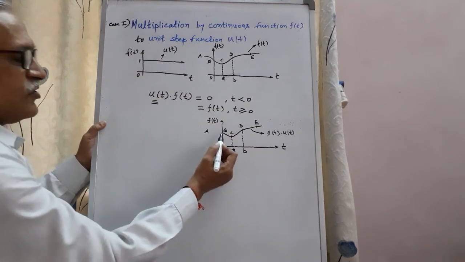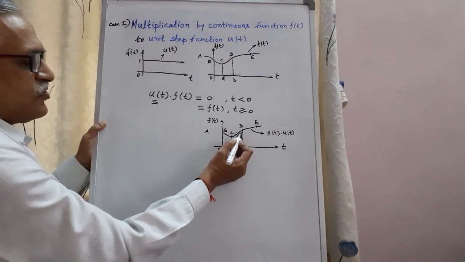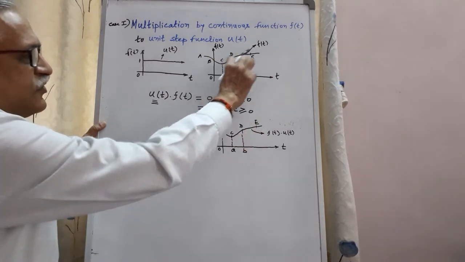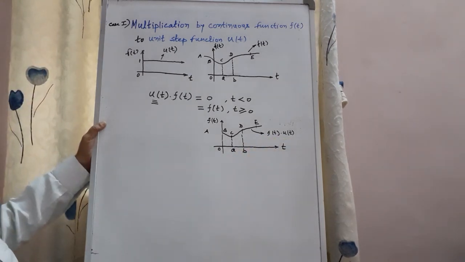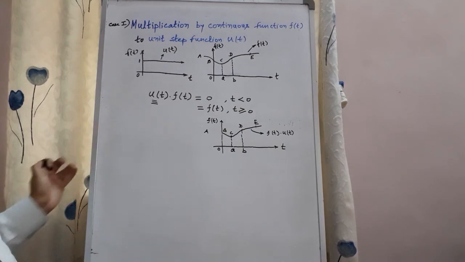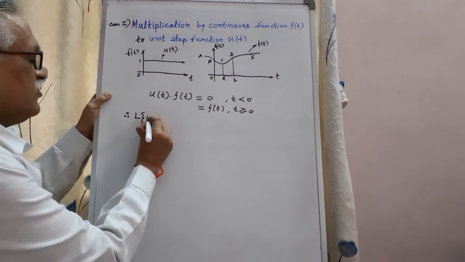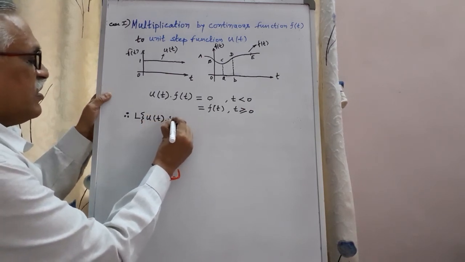Okay. Therefore, from point B to C to D and up to E, that part of this function f of t is the product of f of t into u of t. And then we try to find out the Laplace transform of u of t into f of t.